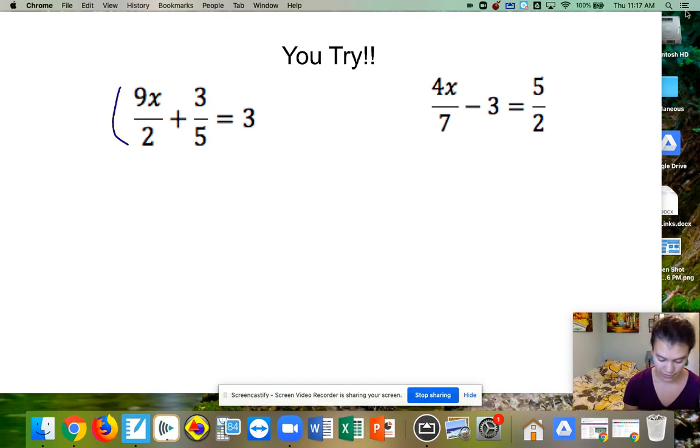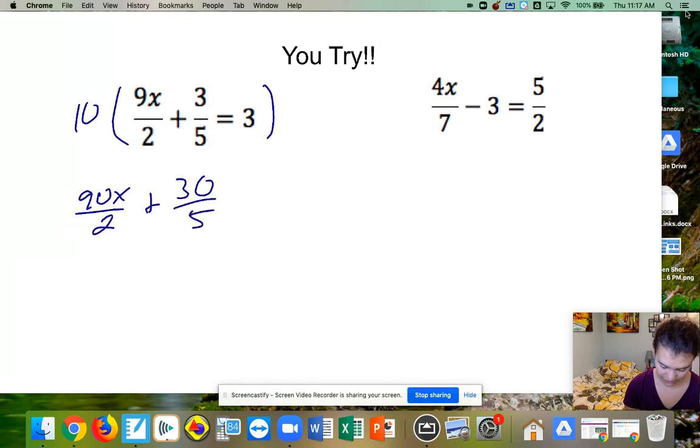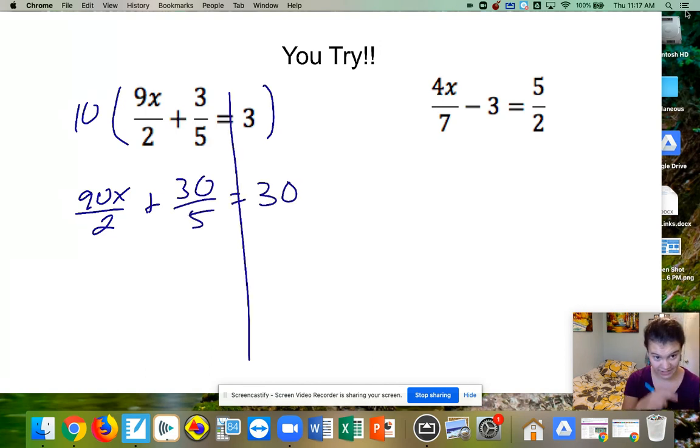So the first step with this one, multiply everything by 10. So you get 90x over 2 plus 30 over 5 equals 30. And now you want to simplify that down. So 90 divided by 2 is 45. So you get 45x plus 6 equals 30.